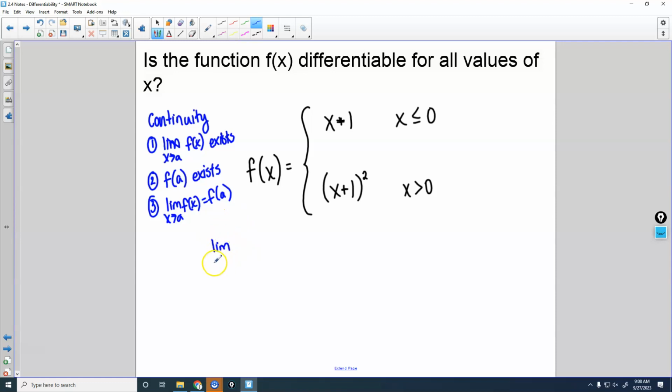So we would do the limit as x approaches 0 of f of x, 0 from the left. From the left, we would use that top function, so that would be the limit as x approaches 0 from the left of x plus 1, which would just be 0 plus 1, which is 1.